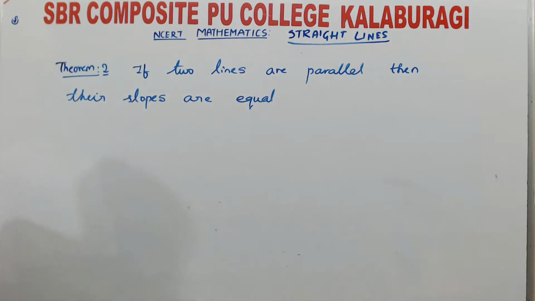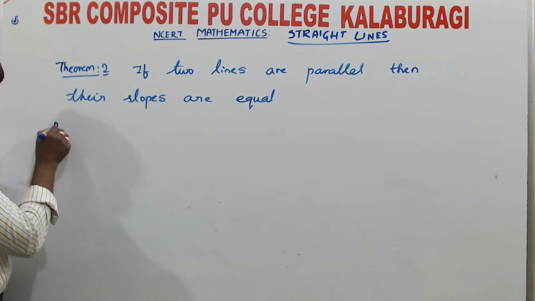When two lines are parallel, then their slopes are equal. This is the condition. See this. Proof.